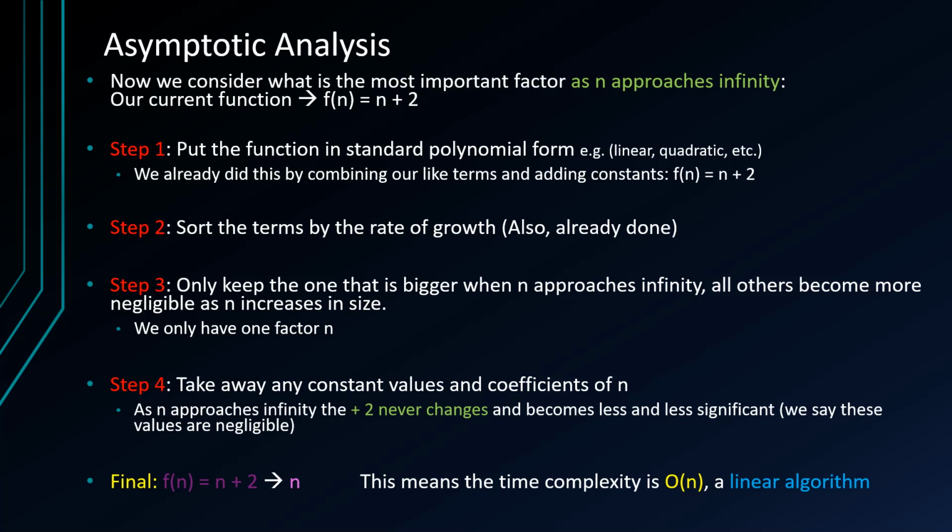So now that we're down to that just n, this means that our time complexity is big O of n. The term we use for anything that's big O of n is a linear algorithm. What that means is for every input that you add on, it's going to create one more operation on the CPU because it's completely linear.